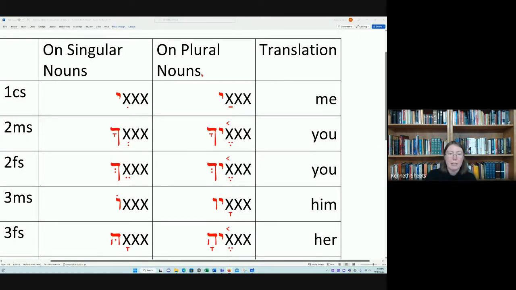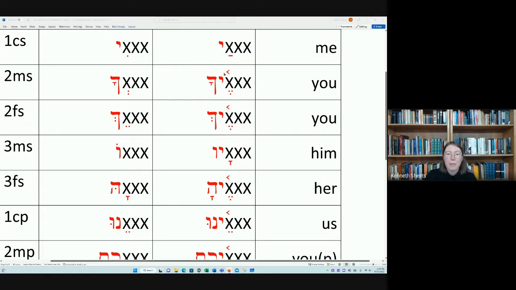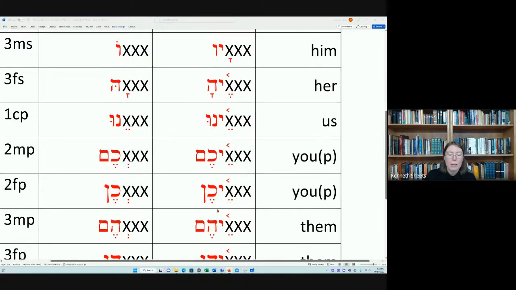Essentially, notice that these pronominal suffixes on plural nouns are in essence the same as on singular nouns, but the primary difference is that yod there. You have the yod in the second masculine singular and the second feminine singular and so forth all the way down.